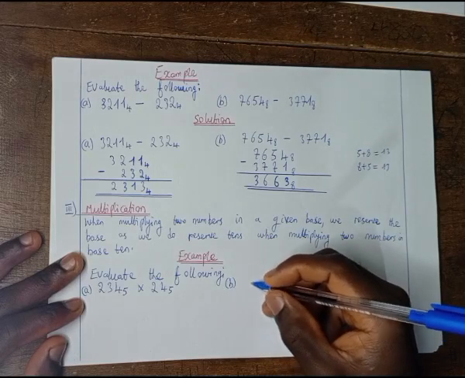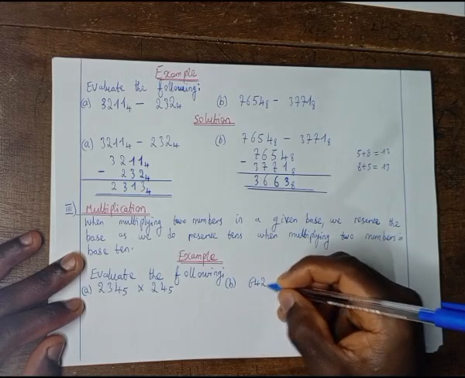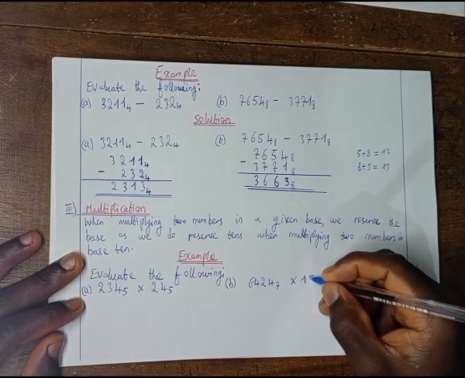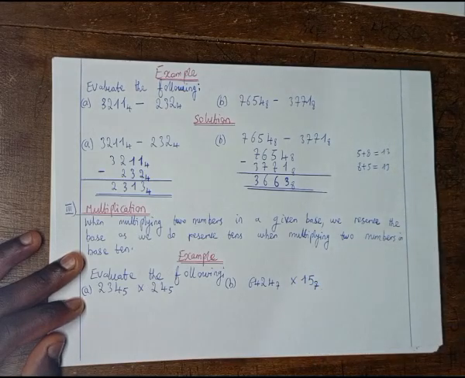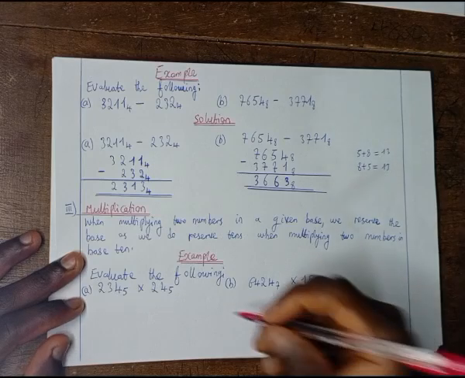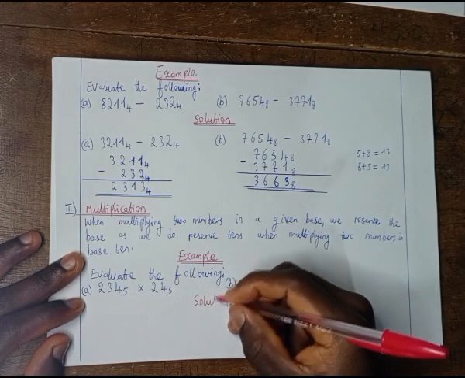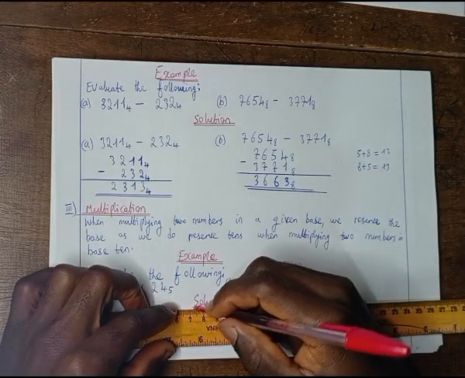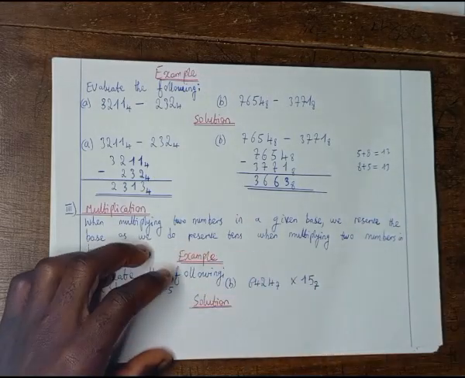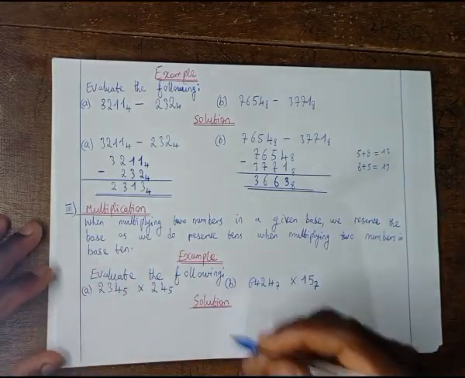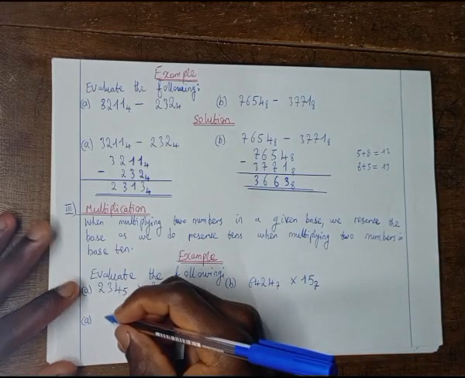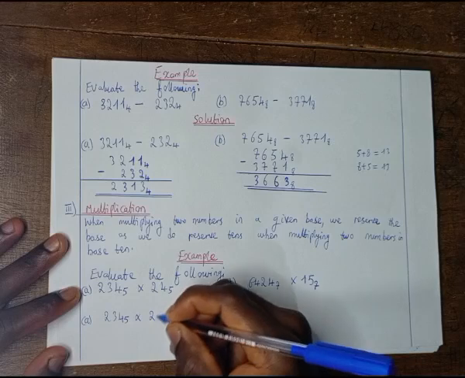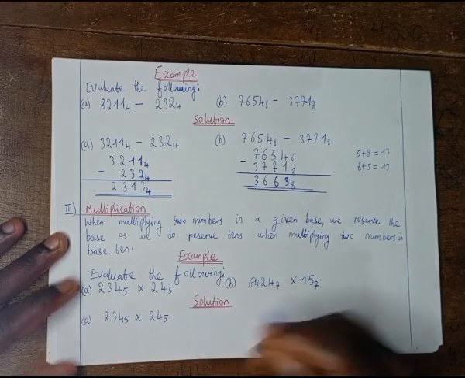For B, we have 6, 4, 2, 4 in base 7 times 1, 5 in base 7. Next, we take the solution. For the first one, E, we have 2, 3, 4 in base 5 times 2, 4 in base 5.